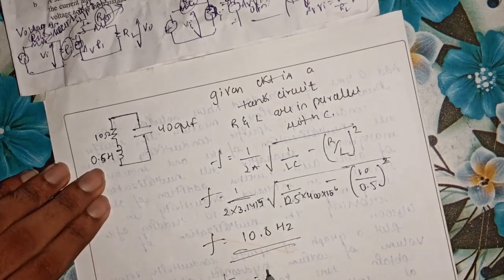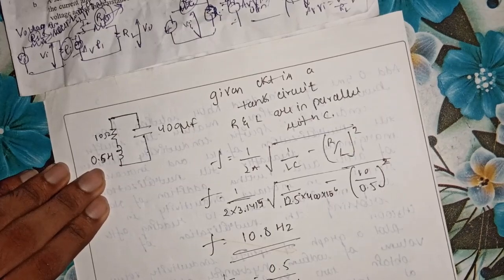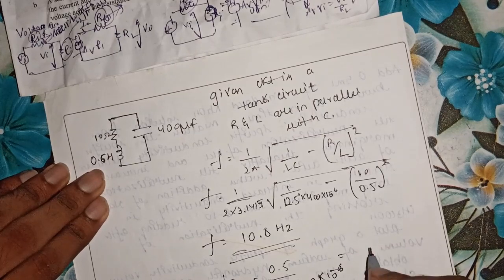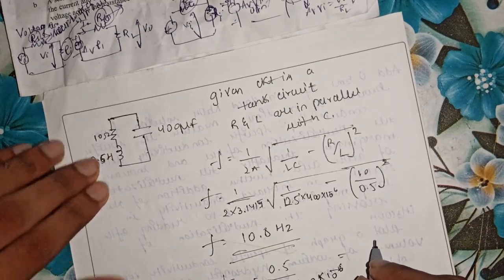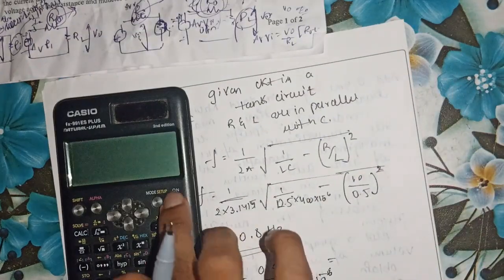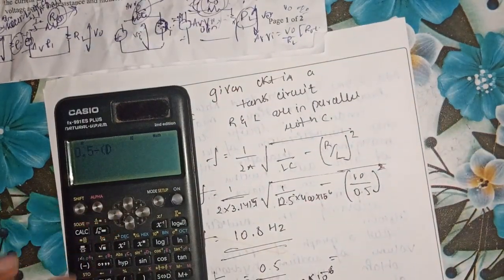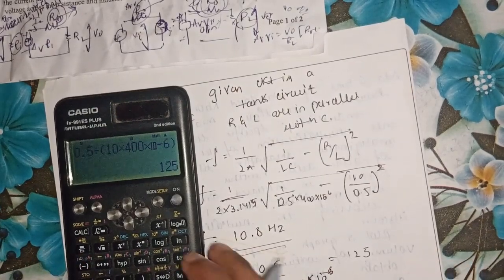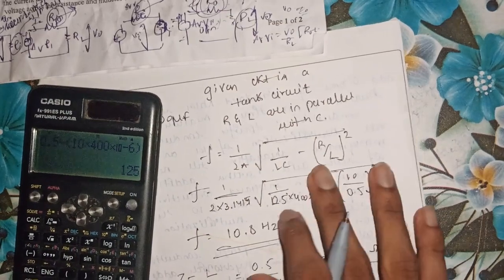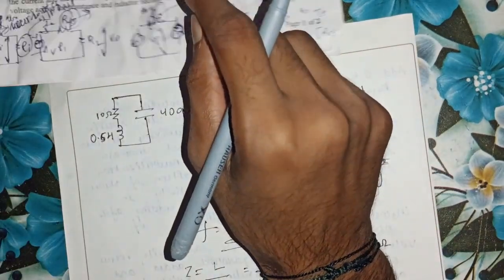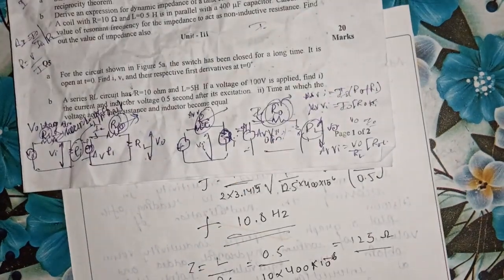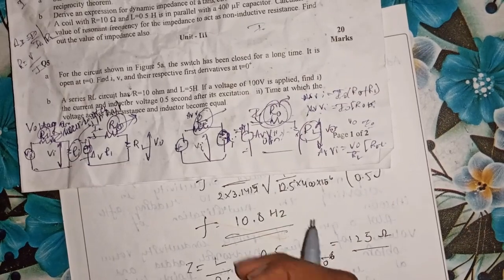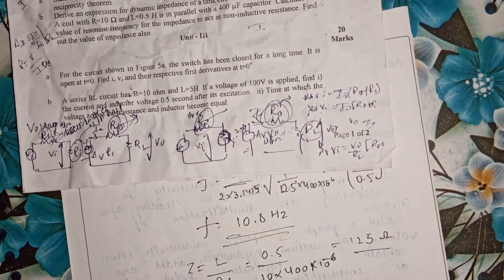So the L value is 0.5 divided by 10 multiplied by 400 into 10 raised to minus 6, which gives a value equal to 1250 ohm. And if for the same problem statement they ask to calculate the value of admittance, which is obviously the reciprocal of impedance, you can calculate it by just taking the reciprocal of it, which will be RC by L.